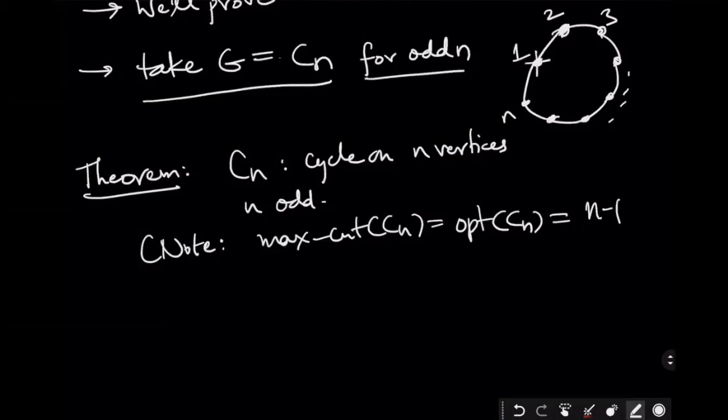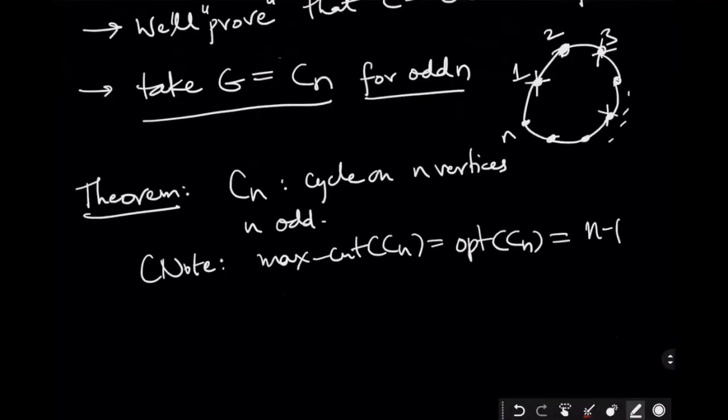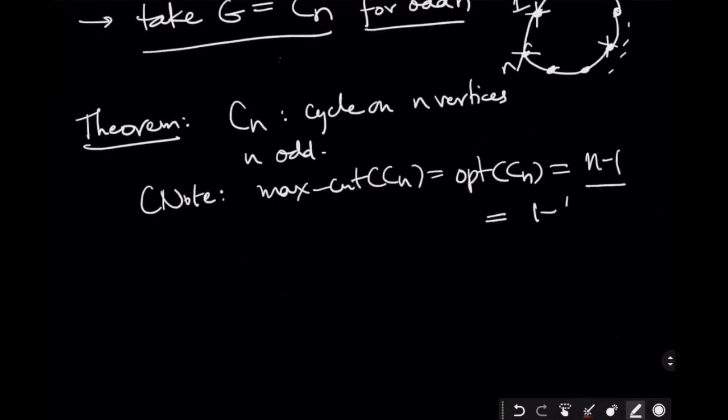So you'll take 3, and then 5, and so on. But because n is odd, you'll end up picking n on your side, in which case the edge 1, n would be included on your same side, which means that the cut will only contain n minus 1 edges. And this is basically the max cut, so you can't cut all the edges. So I'm going to write this as 1 minus 1 over n times the set of all edges of the graph. Very good.